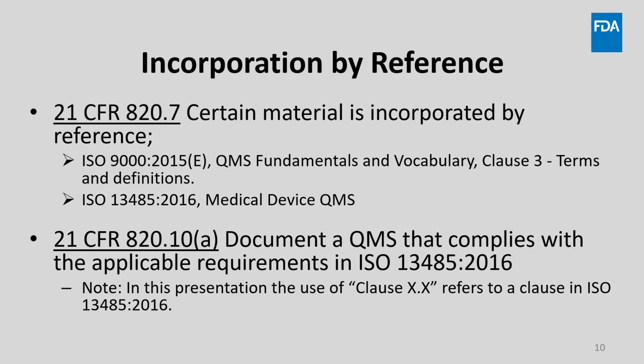The QMSR further states in 21 CFR 820.10(a) that manufacturers are required to document a quality management system that complies with the applicable requirements in ISO 13485:2016. Note, for this presentation, the use of clause X.X refers to a clause in ISO 13485:2016.